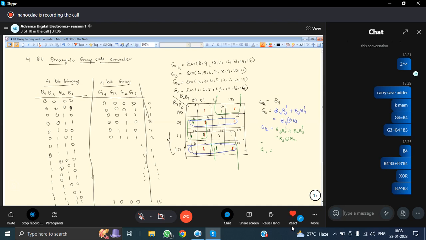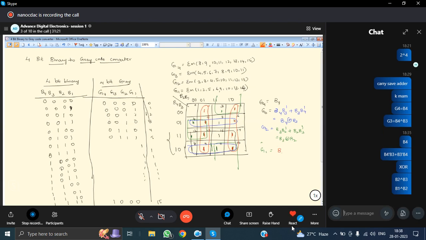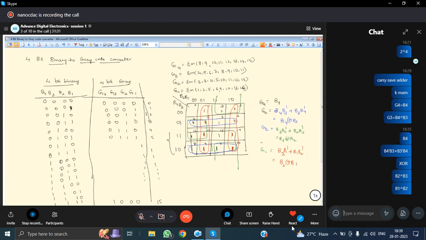So this one and this one. Tell me the equation. What is the equation? G1 is equal to B2 B1 bar plus B1 B2 bar, which is equal to what? B2 XOR B1. That's it.